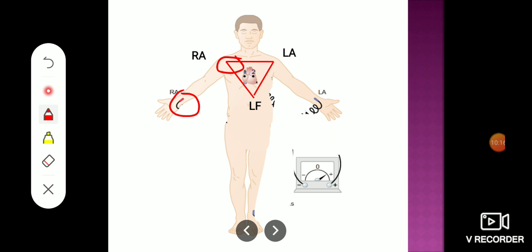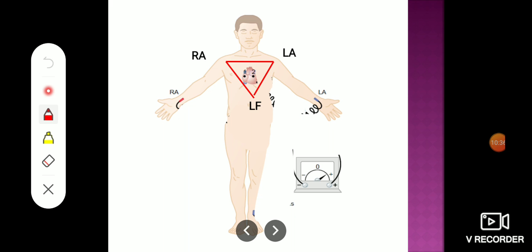So it is the same. For convenience we keep the electrodes here, because it is difficult to keep the electrodes on the shoulders. So for convenience we keep them on the right arm, left arm and left foot like this.